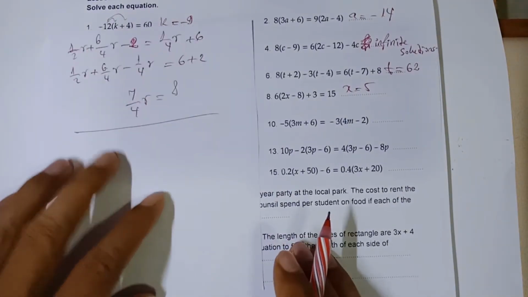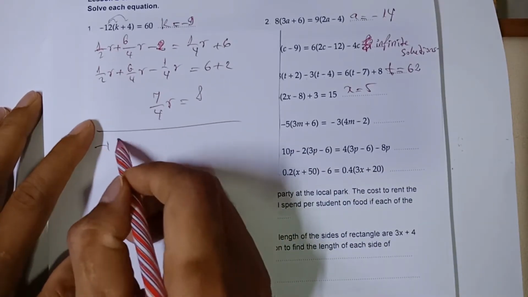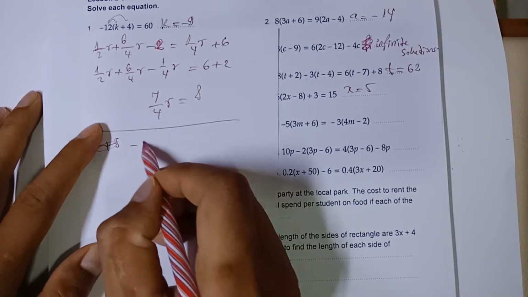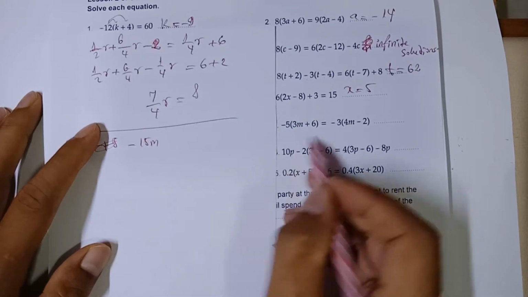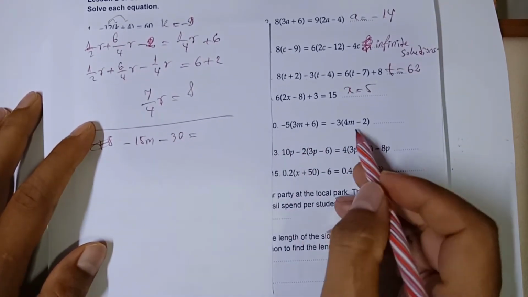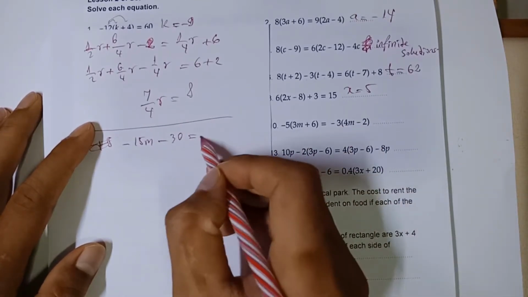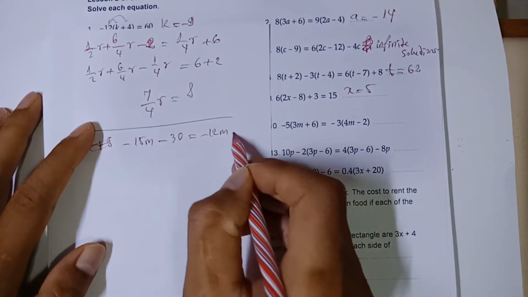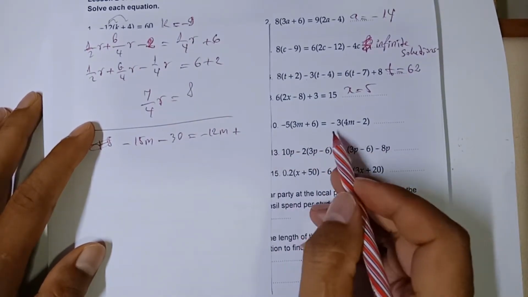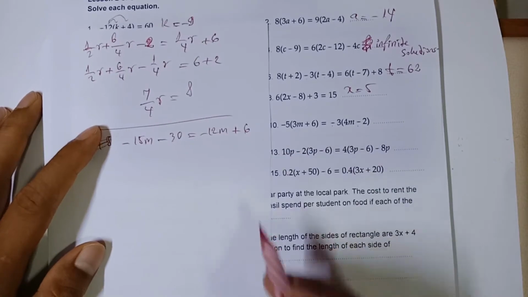Number 10. Negative 5 times 3, you got negative 15. Negative 15m minus 5 times 6, minus 30 equal to negative 4. Negative 3 times 4, negative 12m, minus becomes plus 4, negative and negative becomes plus 6.